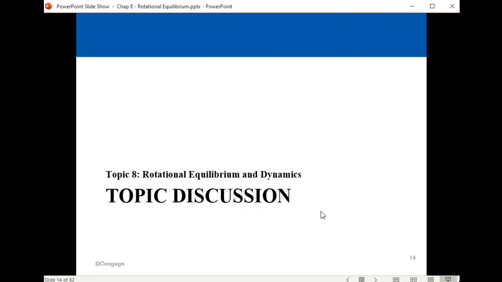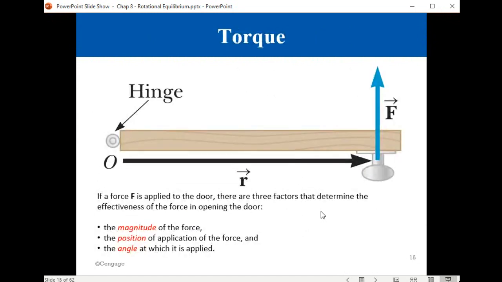We are ready to start learning about the rotational dynamics. We start learning first about a new physical quantity, which we call the torque, and we need this physical quantity in order to understand how rotation occurs. We are all familiar with this situation. This is a door, and here you have the hinge of the door. The door can rotate around this hinge.